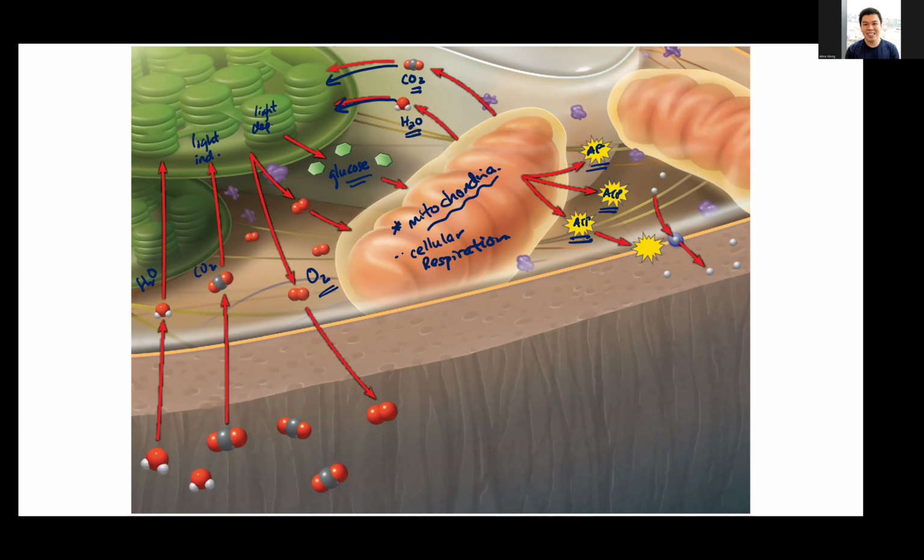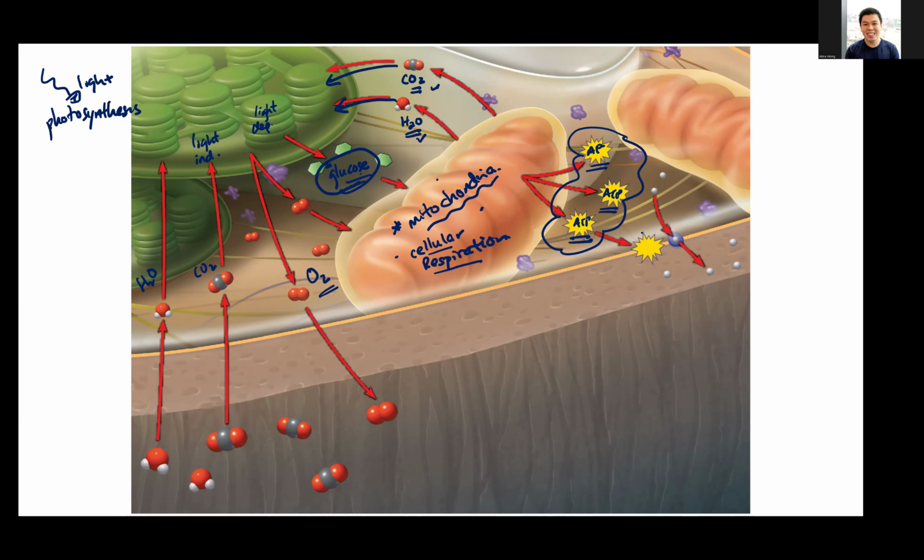Plant cells use the chloroplast through the process of photosynthesis to store the energy from light and put it in glucose. Then the mitochondria have to access the energy through the process of cellular respiration: take in the glucose, break it down, release water and CO2, but also make lots of ATP.